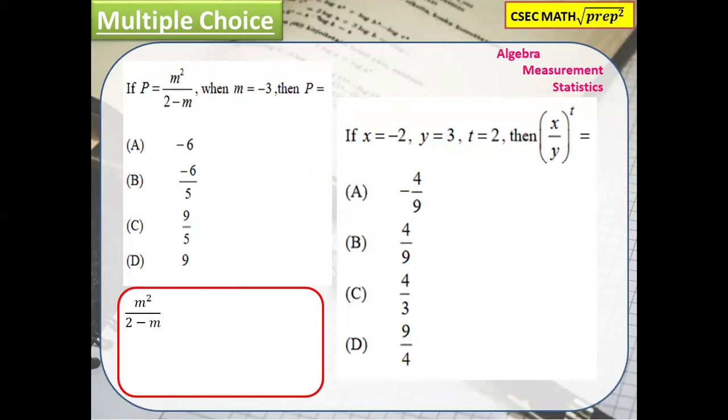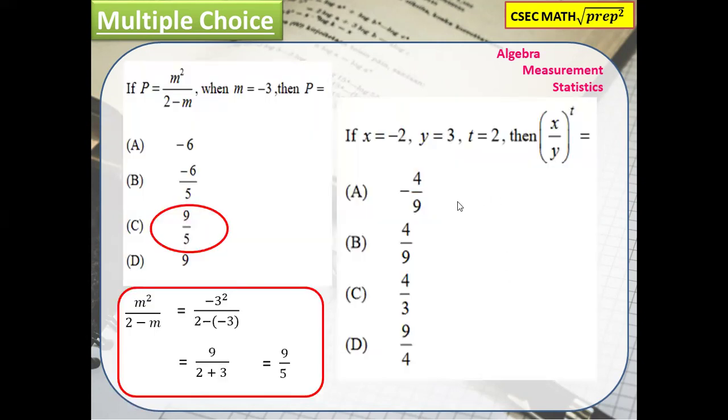So here we have the m value is minus 3 and the p value. So it's minus 3 squared, which is a positive 9. And then this negative multiplying this negative bracket will give us a positive. That's 9 upon 4. That is our answer, 9 upon 4.